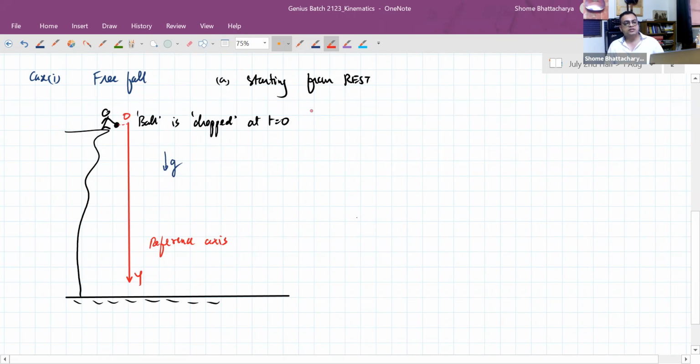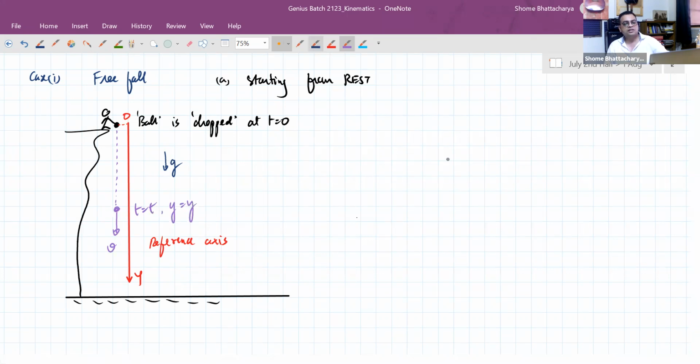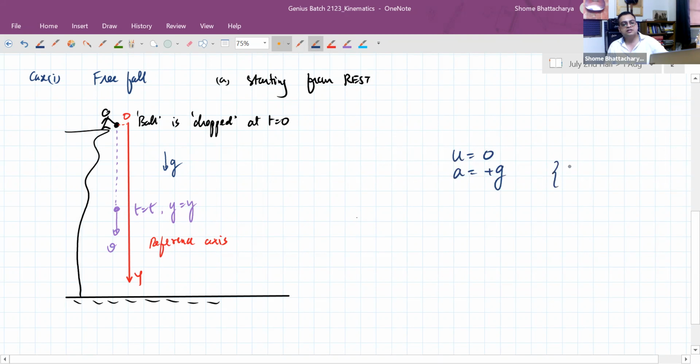Okay. So if this is where it starts from at t equal to 0, then after some time t, it would have moved along this reference axis, okay, with a velocity v, and its y coordinate would have become y. It started from y equal to 0. So we can see that u would be 0, but its acceleration would be taken as plus g, because our axis is downwards. So we'll take the acceleration with a positive value.